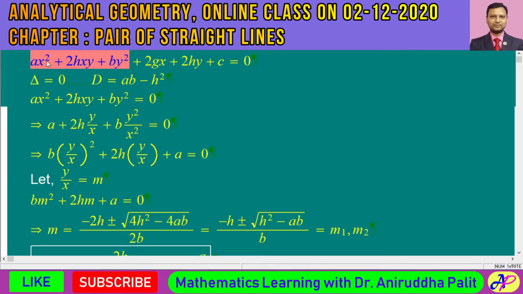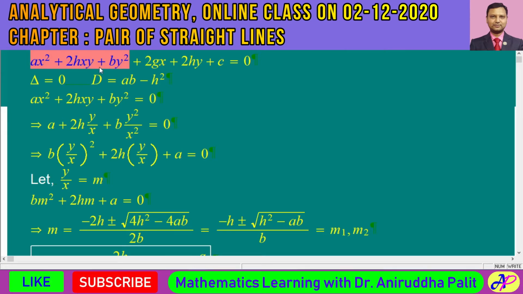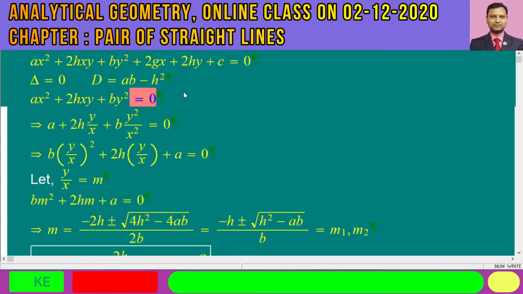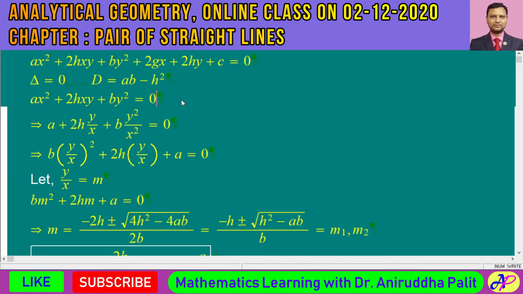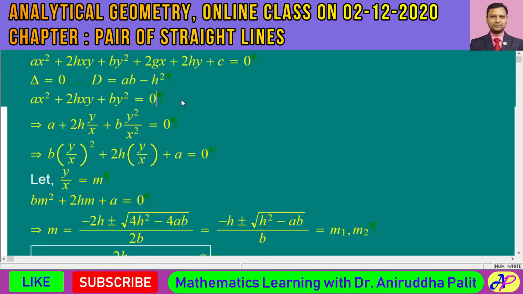This is x square, so x into x is there. This is xy, so degree is 2, and this is y square. We shall consider this kind of expression equal to 0, and that is called a homogeneous expression. Why homogeneous? Because all the terms are of second degree, but the actual definition of a homogeneous function would be discussed later.